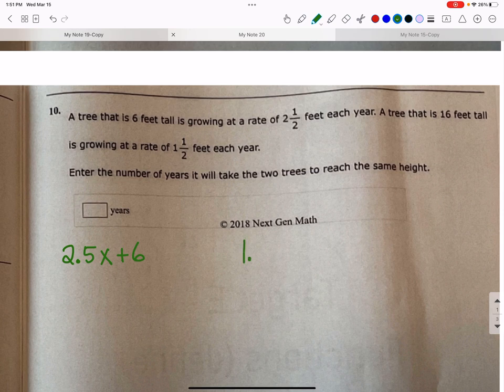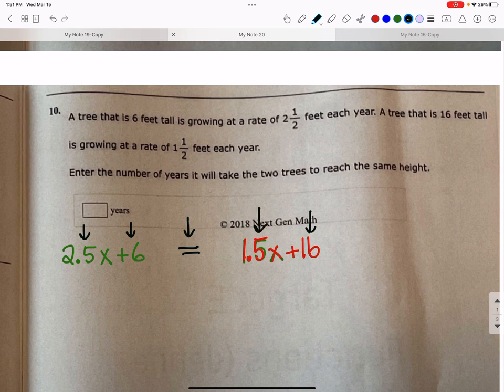So it's growing 1.5 feet every year. I'll do it in a different color. 1.5 feet every year, but it's starting at 16, so plus 16. When will those two be equal to each other? So we'll just say those two equal. When does the tree that starts at 6 and grows 2.5 a year equal the tree that starts at 16 and grows 1.5?